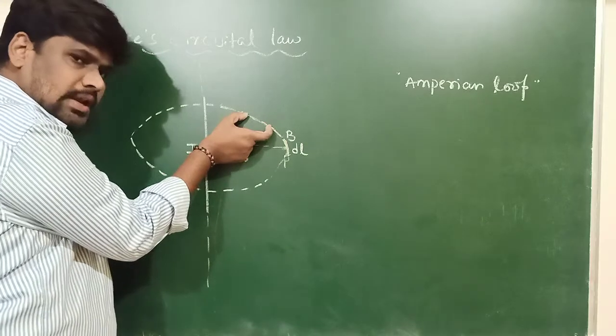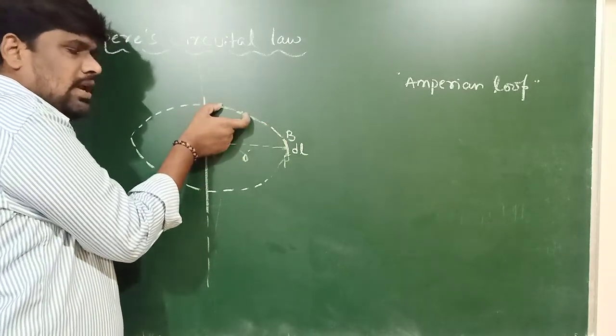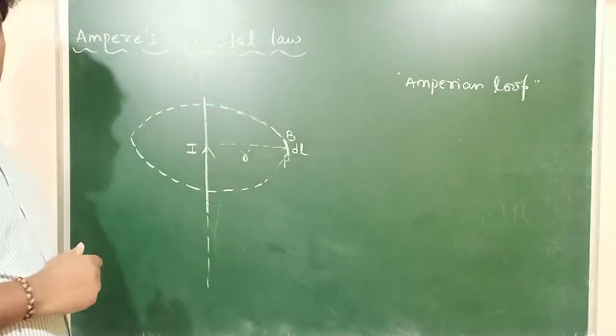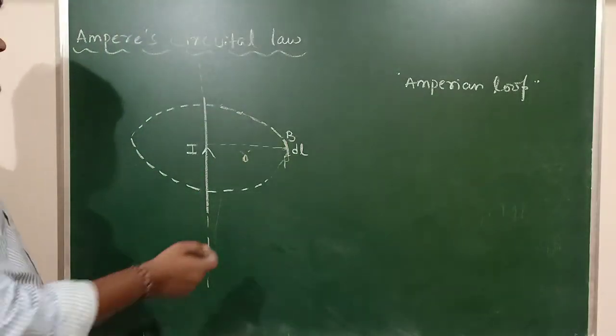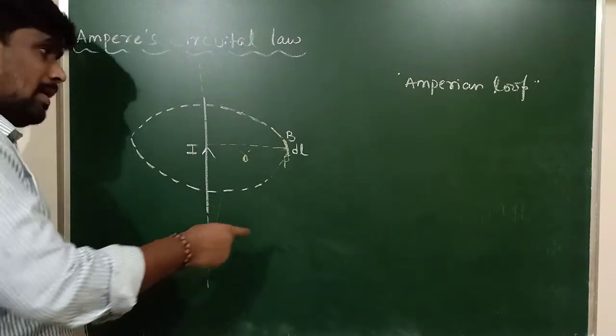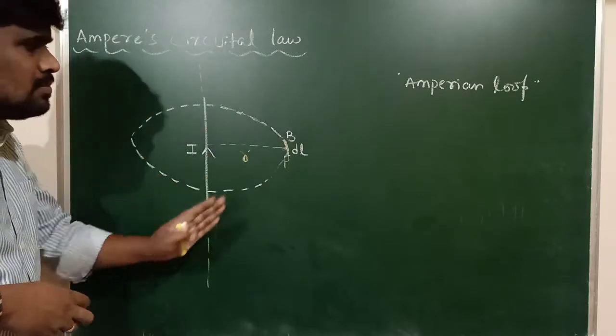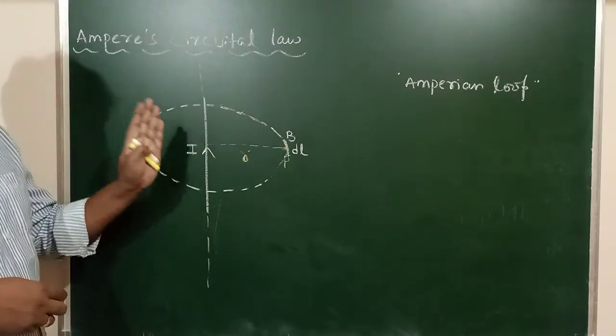Consider one more dl. Later we'll take the sum of all the B dot dl over the complete Amperian loop.